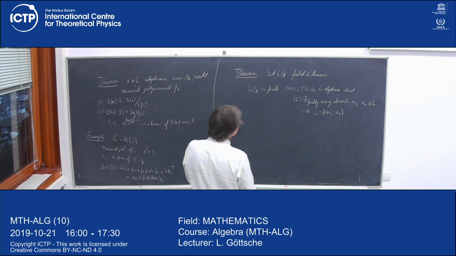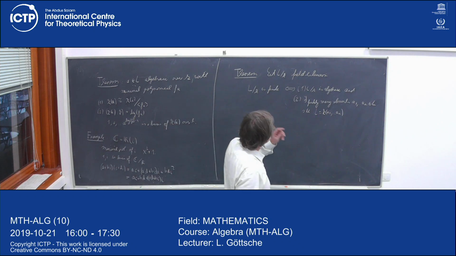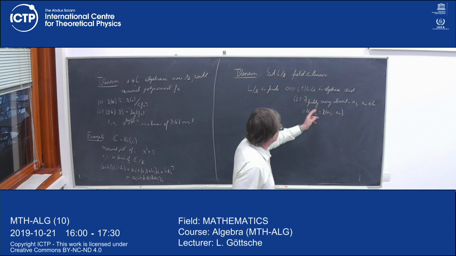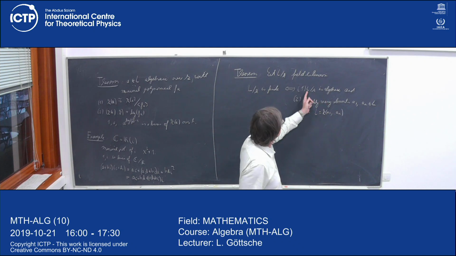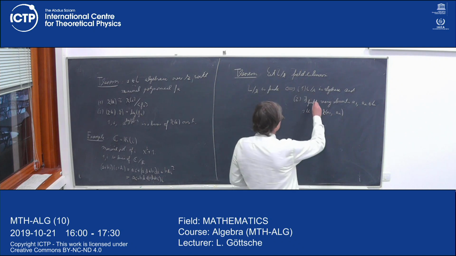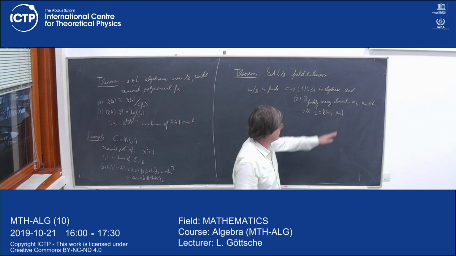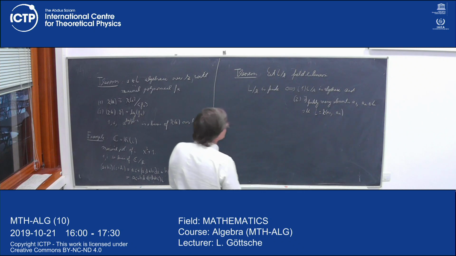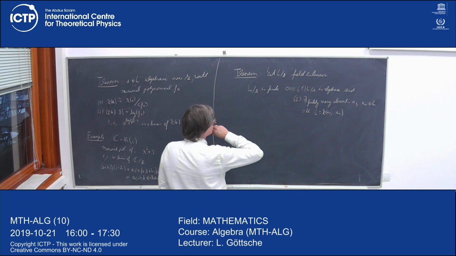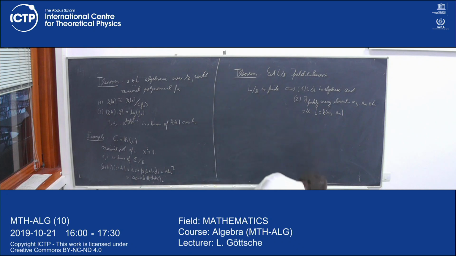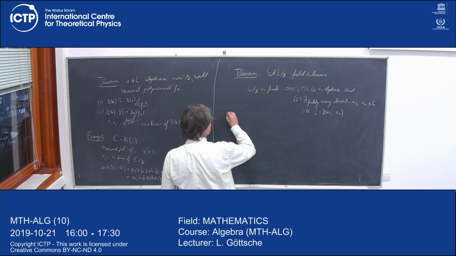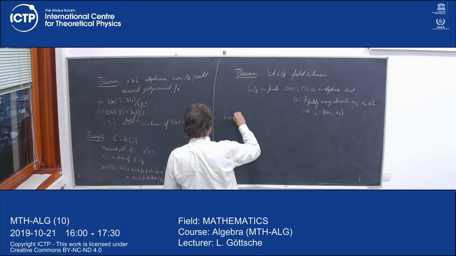Okay. So in particular, if you have a finite field extension, it is algebraic, so that means every element in L will be algebraic over K. And then in addition, we can add only finitely many elements. And obviously also the converse. So now let's prove this.